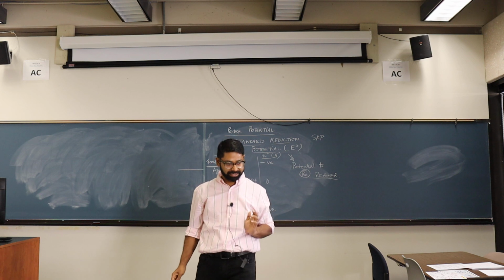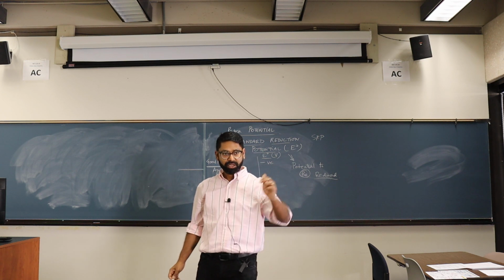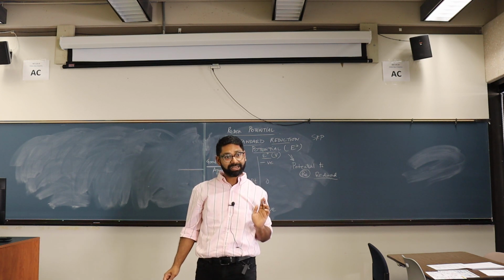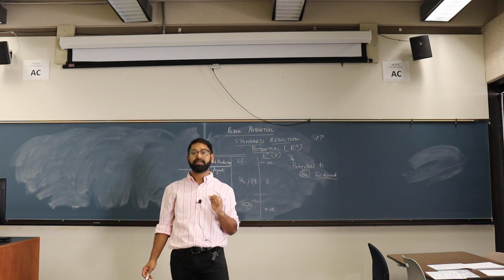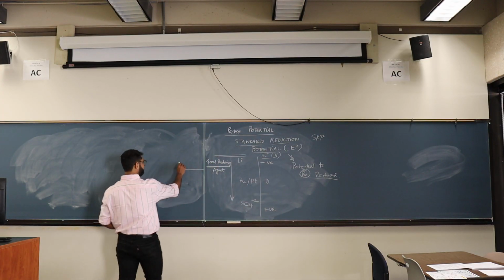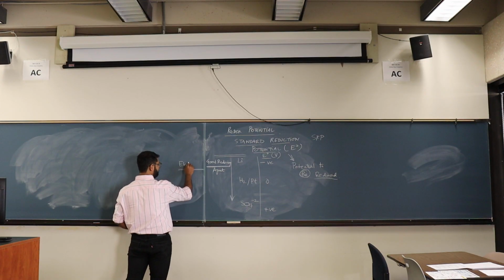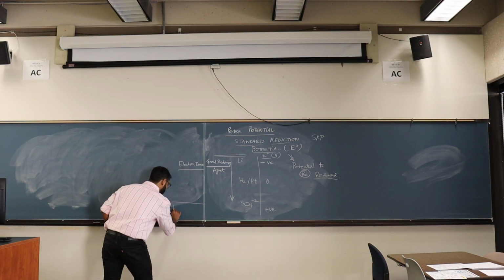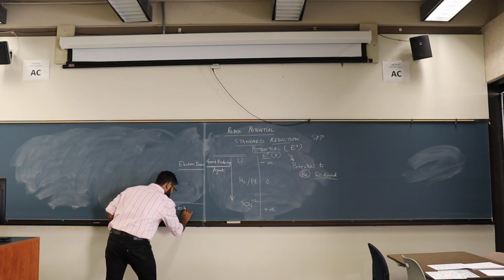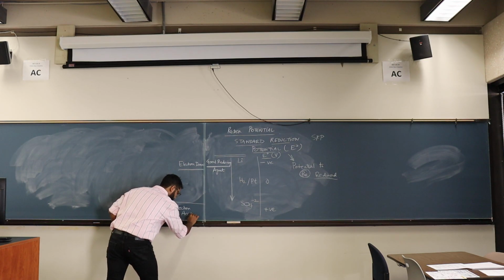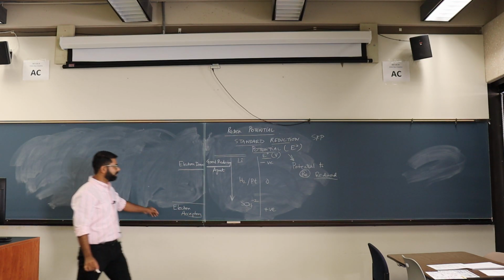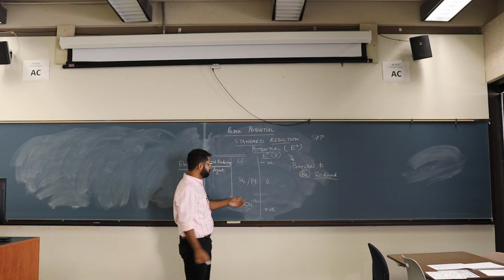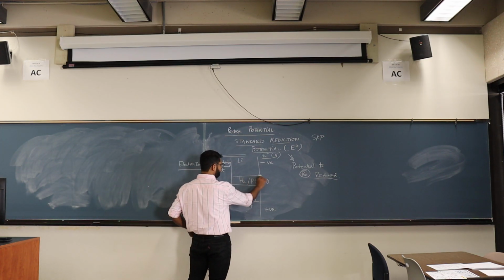It is reducing someone else, so is it an electron donor or acceptor? It's a donor. So these are the best electron donors. On the opposite side, these will be electron acceptors, right?